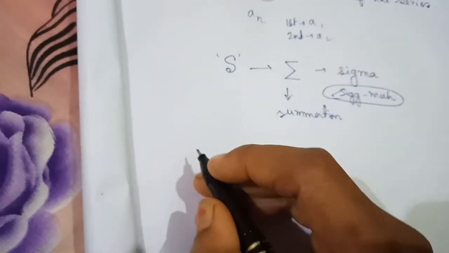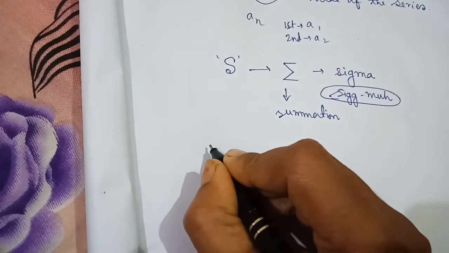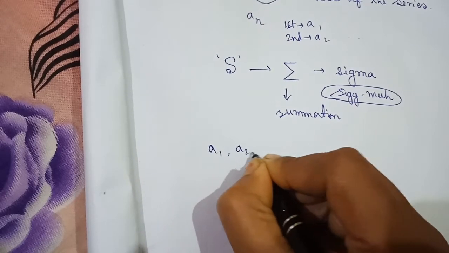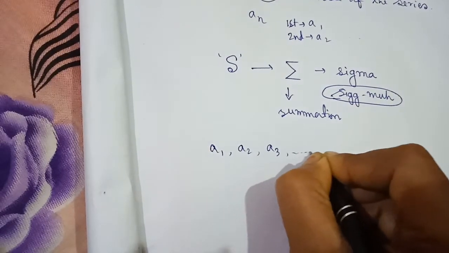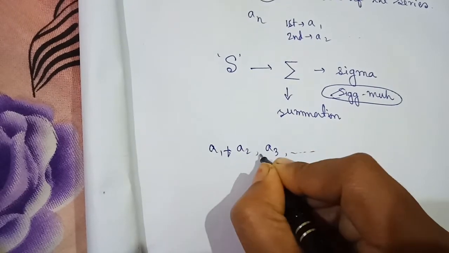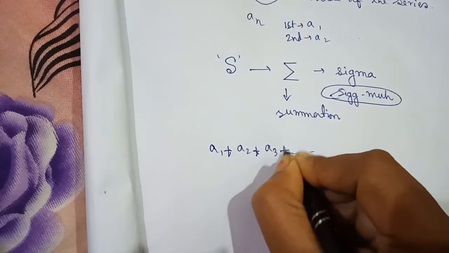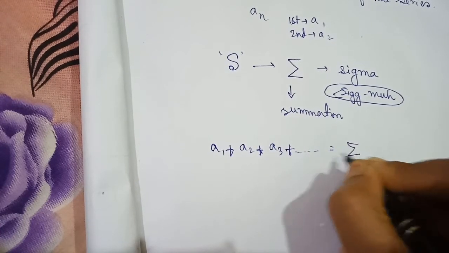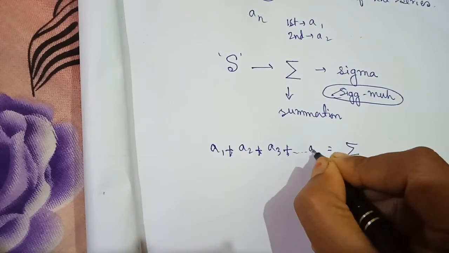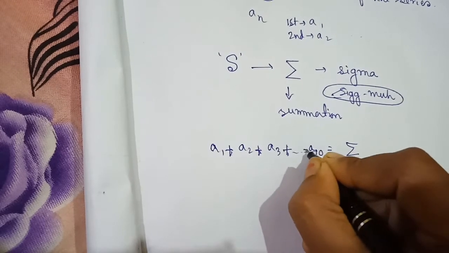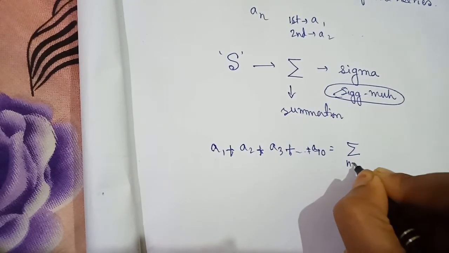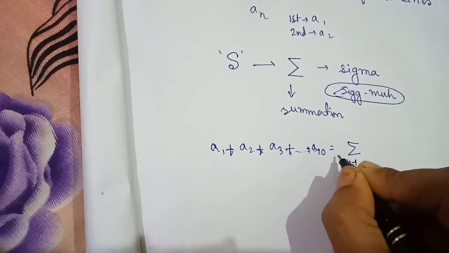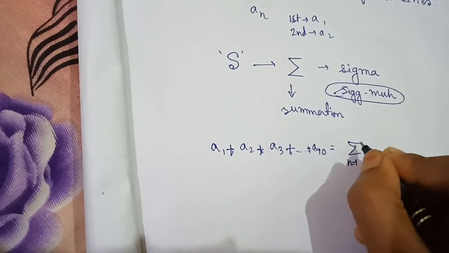Now how do we write it? Suppose there is a sequence a1, a2, a3, dot dot dot, and we are adding these to get the series, and we can write it as a summation. Suppose we are adding it up to a10. Then n equals 1 to 10: the starting value of n is 1 and the ending value is 10.